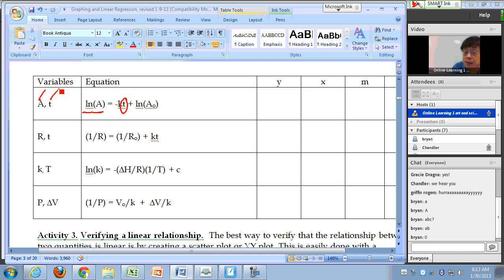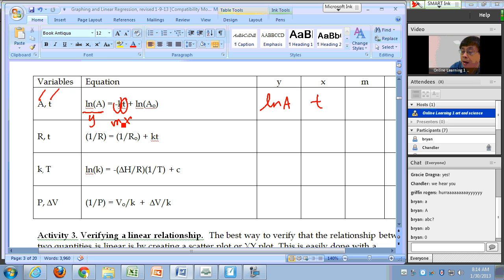Then you can say that if I were to use ln A as my y, I'm not going to use A itself. I'm going to take the natural log of A and use that as my y value. And I'm going to use time as my x value. Then I can see that y is equal to a constant, which in this case is negative k, times x, which is time.